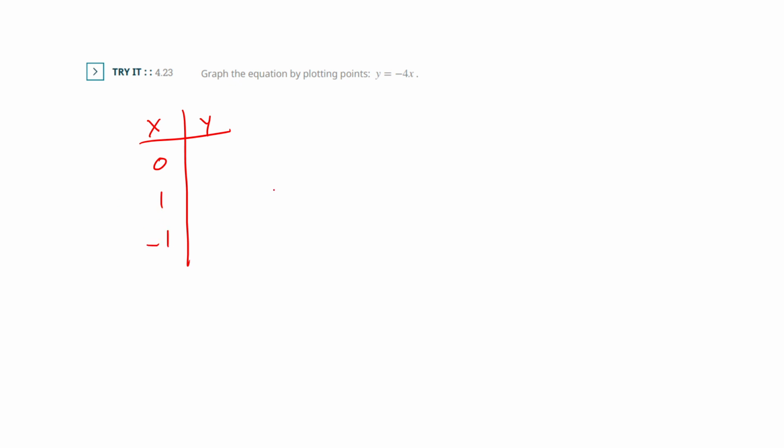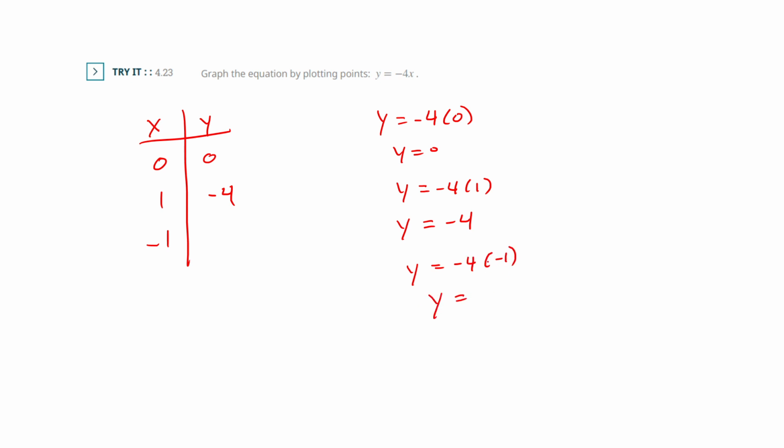I'm going to just keep picking these, I guess. So y equals -4 times 0. Do you see that's going to get just y is 0? Putting in 1 now, moved on to the next point. That's y is -4. I'm doing the last one, plugging in -1. Crunch that. Because of the 2 negatives, I get a +4.